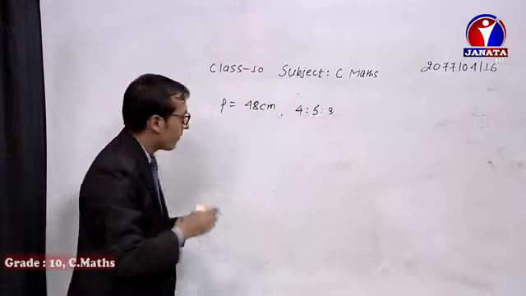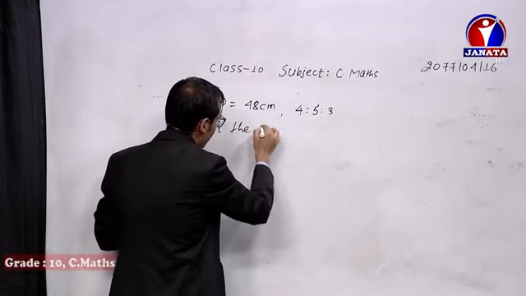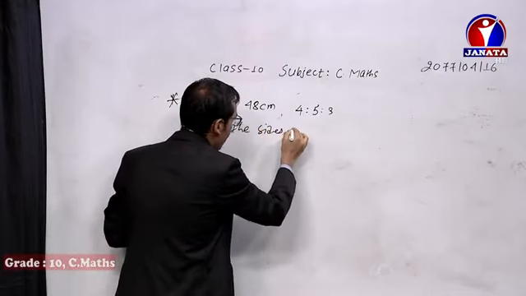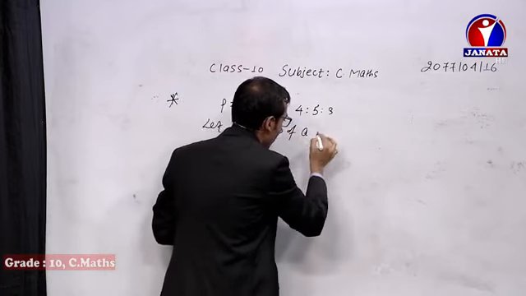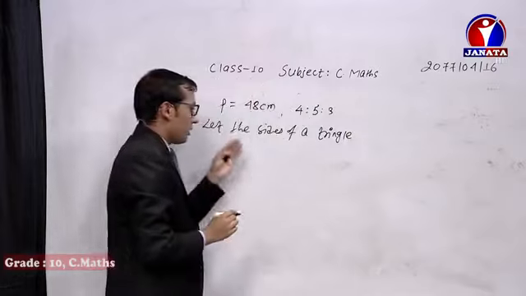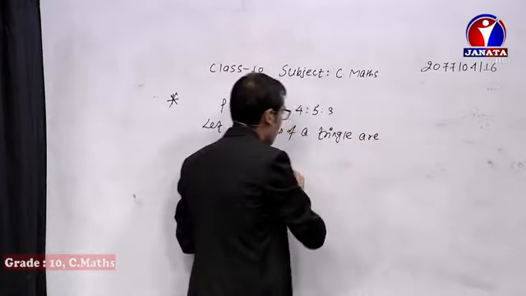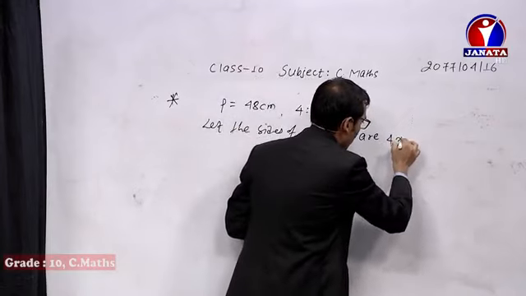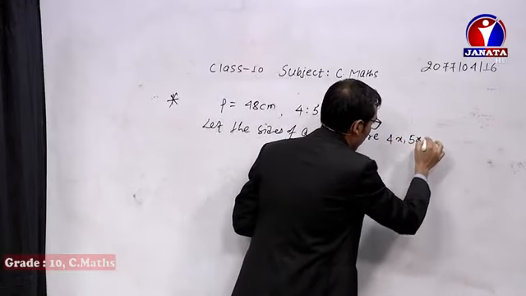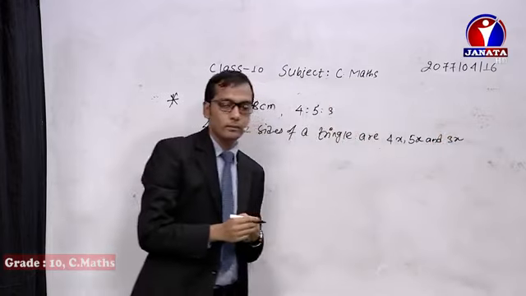Let the sides of the triangle be, in terms of x, 4x, 5x, and 3x.